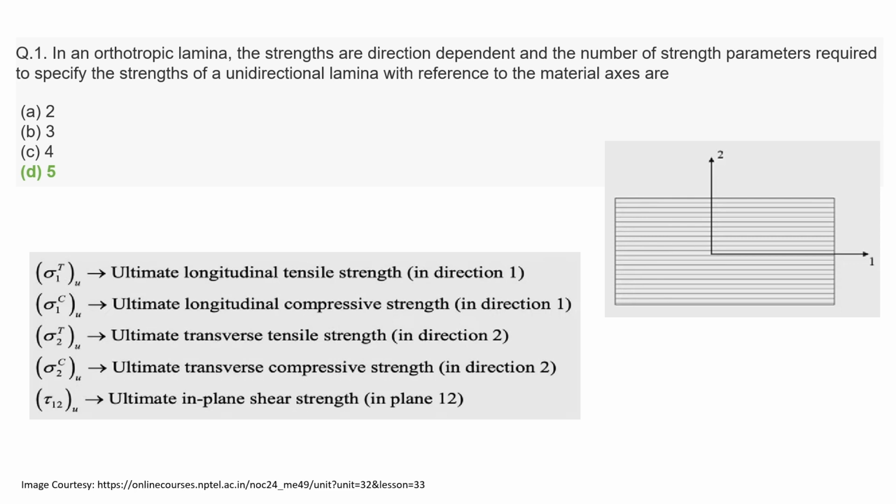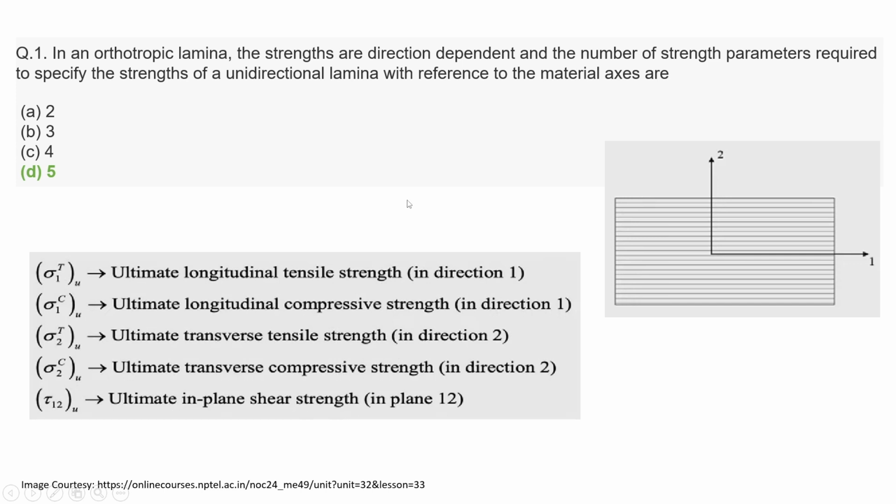The first one is sigma 1 T ultimate, that is ultimate longitudinal tensile strength in direction 1. Similarly, there is ultimate longitudinal compressive strength in direction 1. Then there is an ultimate transverse tensile strength and then ultimate transverse compressive strength. And the last one is an ultimate in-plane shear strength.